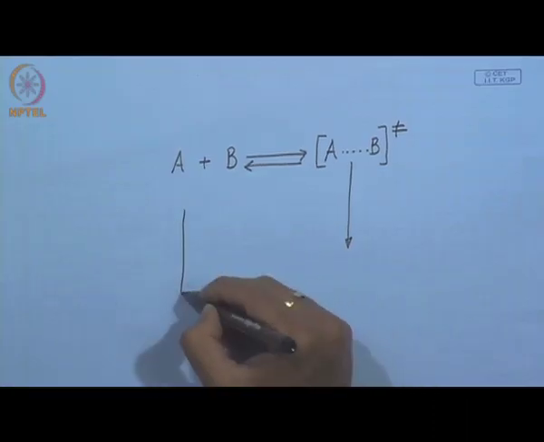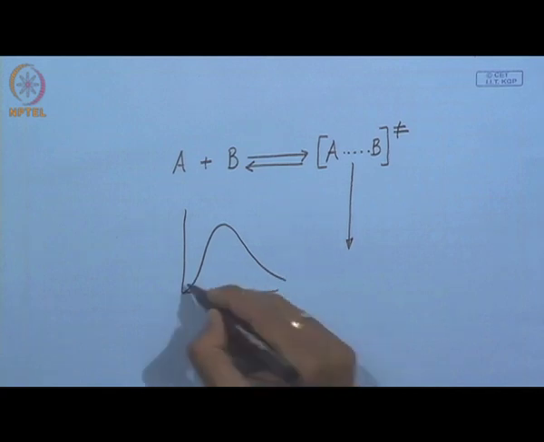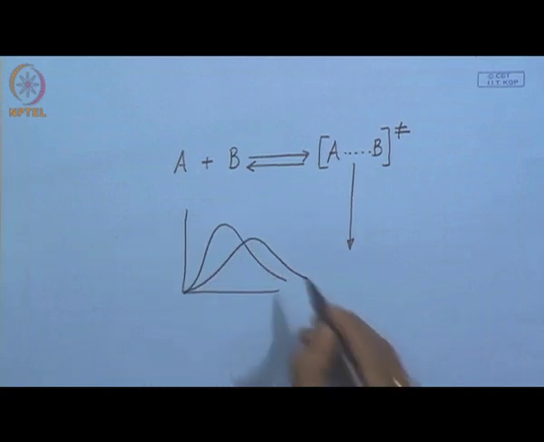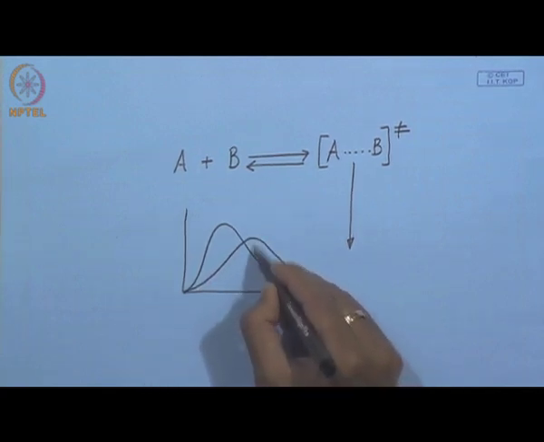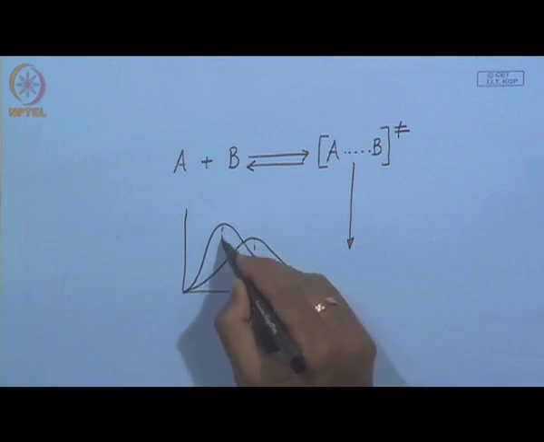As I told you, if you think of the Maxwell distribution of molecular velocities, and if you increase the temperature, then you will see that in the plot of probability versus c, that is the velocity or the speed of the molecule, the graph flattens and your most probable velocity is shifted to the higher region.